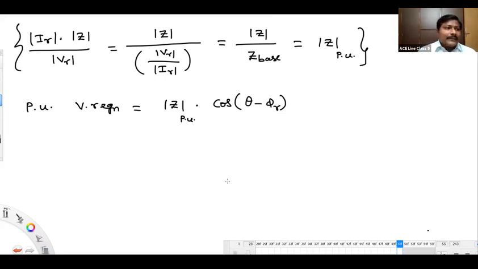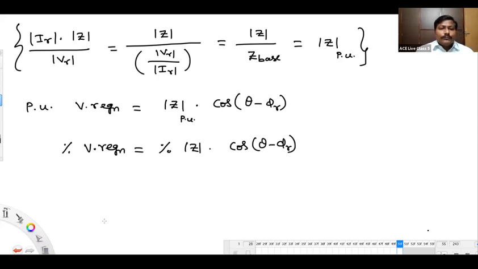And if you want the percentage value, percentage voltage regulation is equal to percentage Z into cos of theta minus phi.